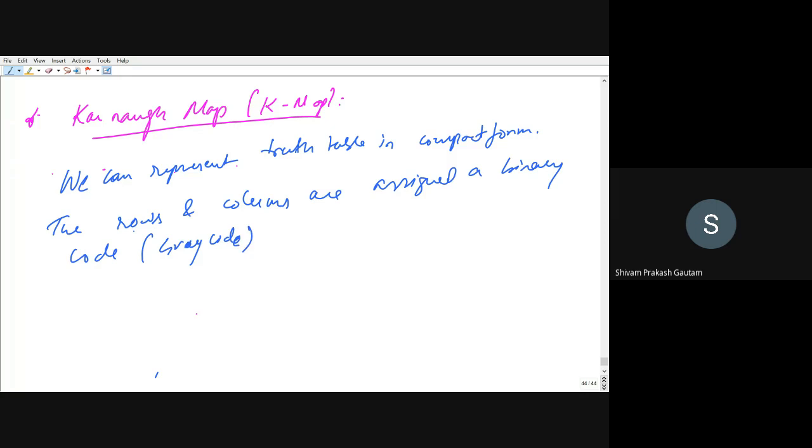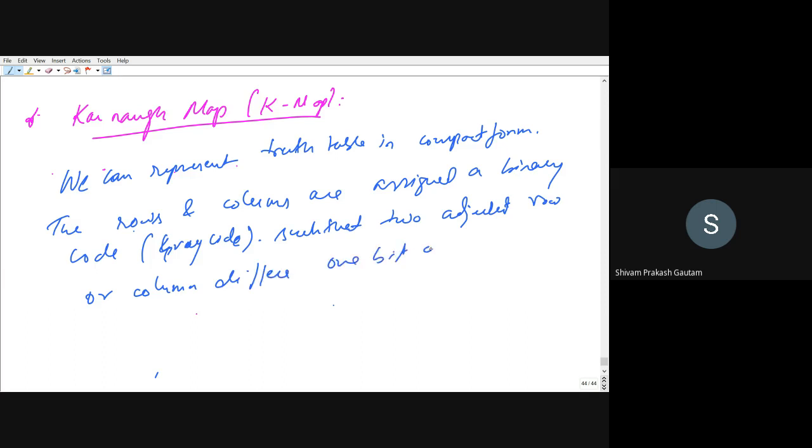Gray code we have already seen, we will see it again, such that two adjacent row or column differ in 1 bit only. So what is Karnaugh map?